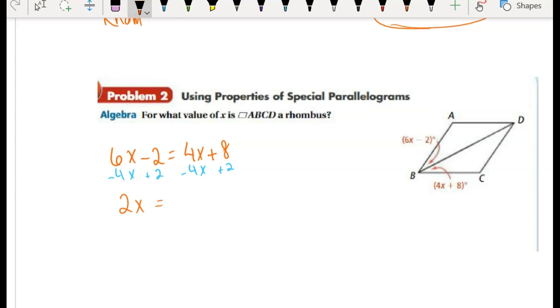So that's equal to 10. I'm going to divide both sides by 2. So I have x is equal to 5. And so the value of x would need to be 5 in order for this to be a rhombus.